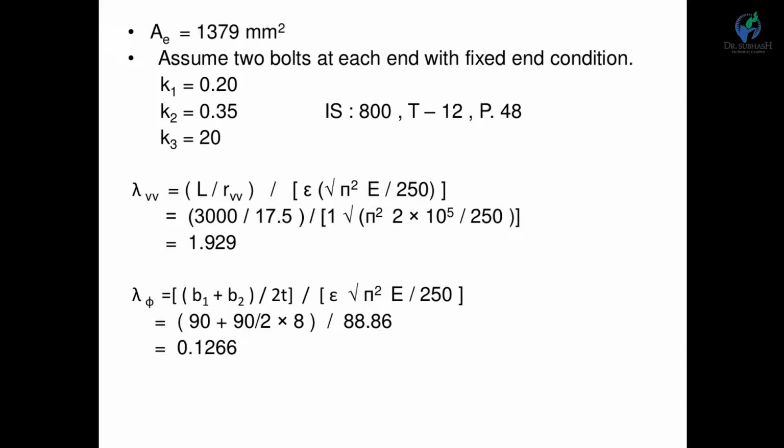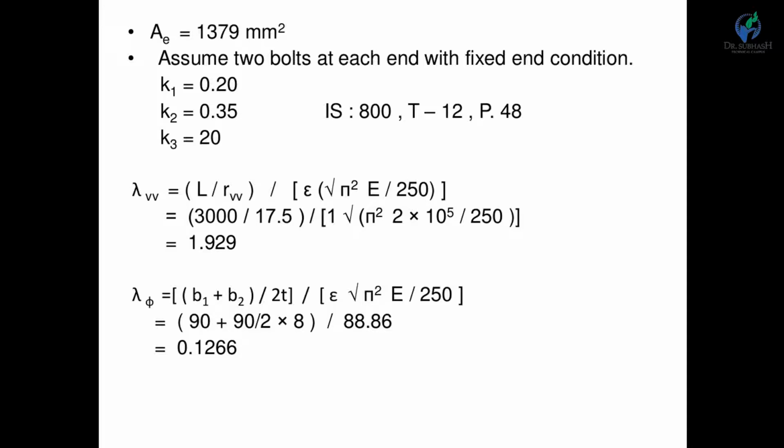As per IS Table number 12, the end condition is assumed as both ends fixed. So for that we can find out K1, K2, K3. Then we find out lambda VV. The lambda VV equation is given in IS 800 2007: L upon RVV divided by epsilon under root of pi square E upon 250. All values are there in our previous steps, so we just put these values and find out lambda VV and lambda phi.